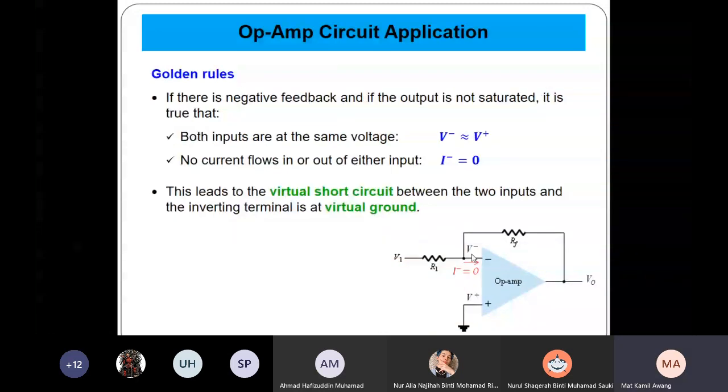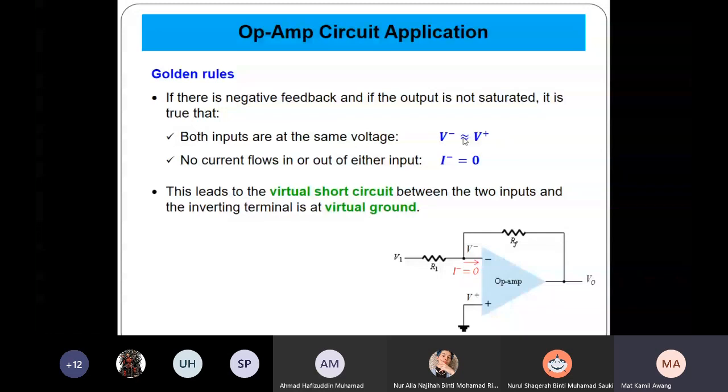When you have the negative feedback, both inputs, V minus and V plus, are almost the same. The voltage at the minus terminal and the positive terminal is almost the same. That is the first rule.